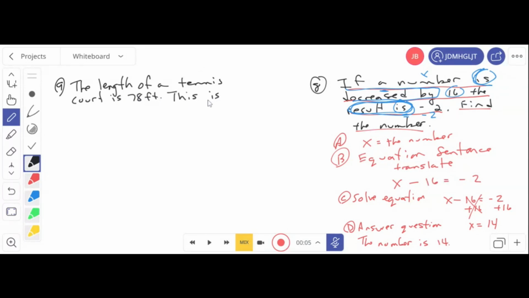This is 51 feet more than the width. What is the width?